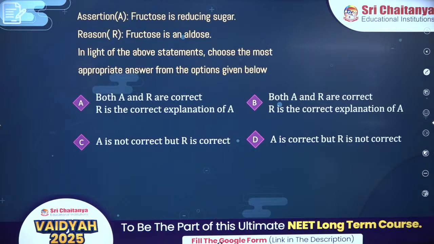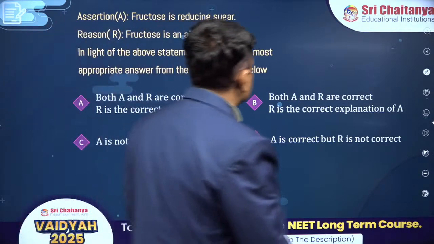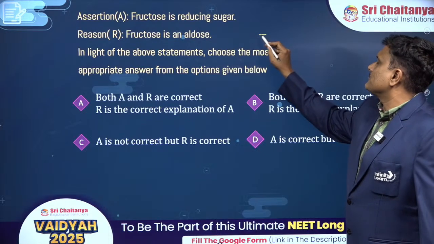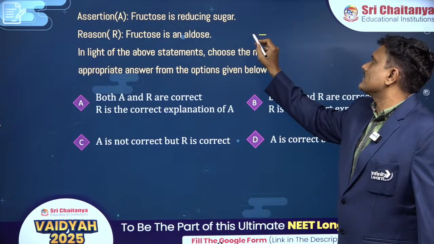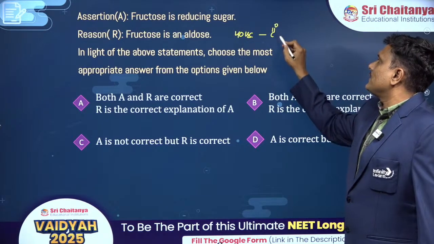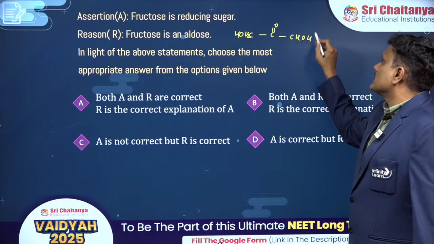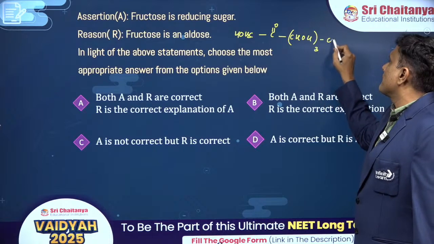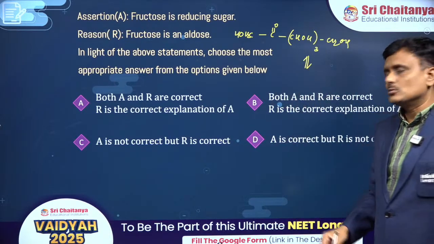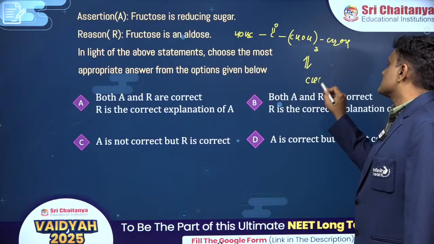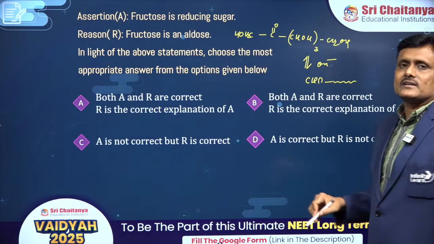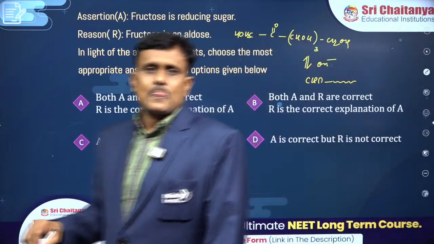Popular thing. Fructose is a reducing sugar. We all know, because fructose, which basically has an alpha hydroxy ketonic structure, would be converted into the gluconic structure in the alkaline medium, which gives rise to the Tollens test.